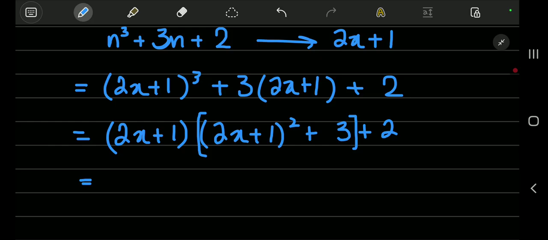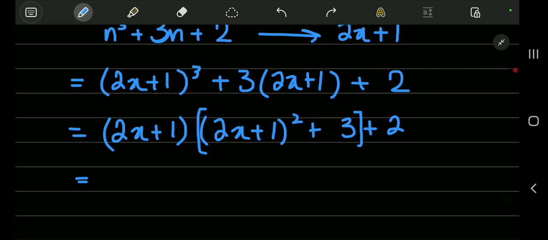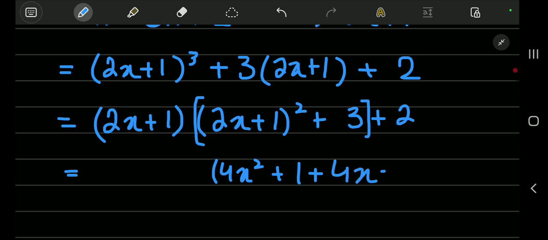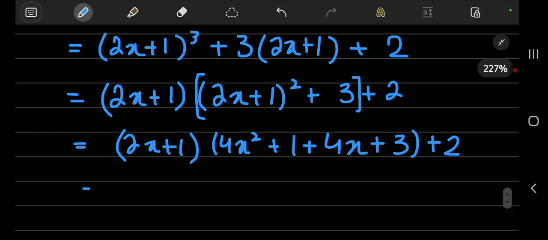So that you don't have to solve the cube by applying the formula. Yes, we do have a formula for (a plus b) whole cubed, so you can apply that as well. But in case you don't want to, then do it like this. So (2x) whole squared will be 4x squared plus 1 plus 4x, plus 3, plus 2 and whole times (2x plus 1), like this.